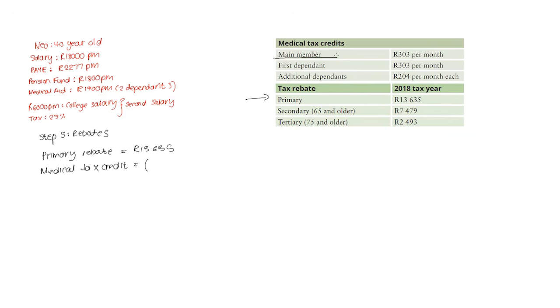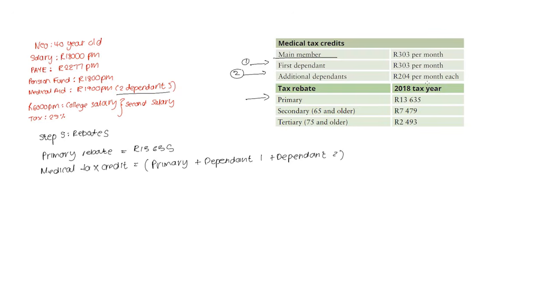He has 2 dependents, the first dependent and an additional dependent. These values are per month.